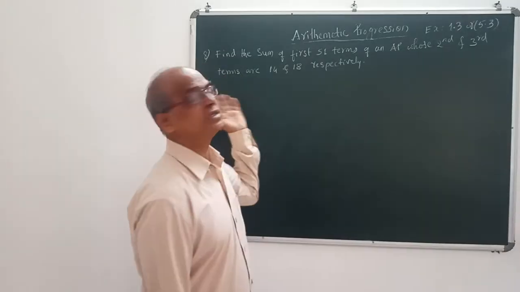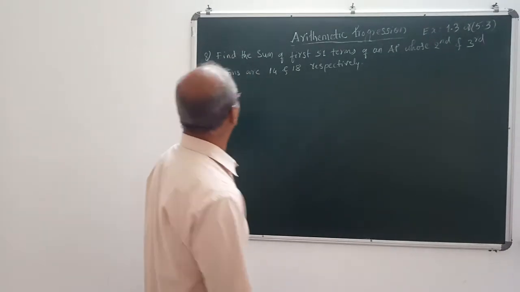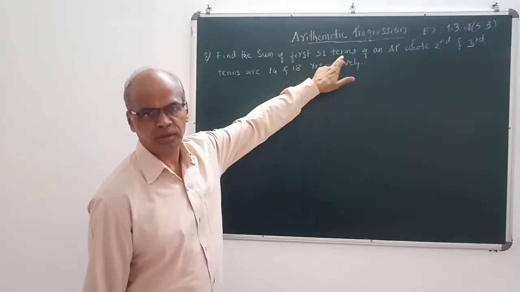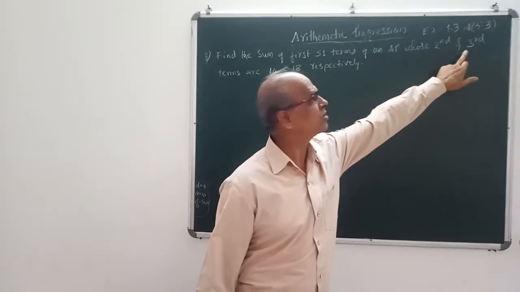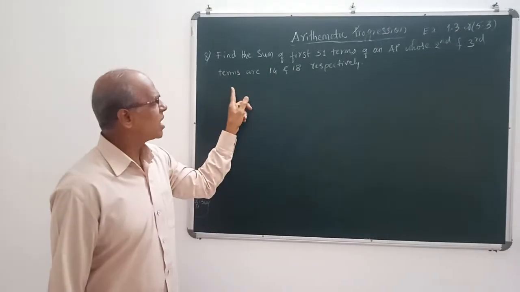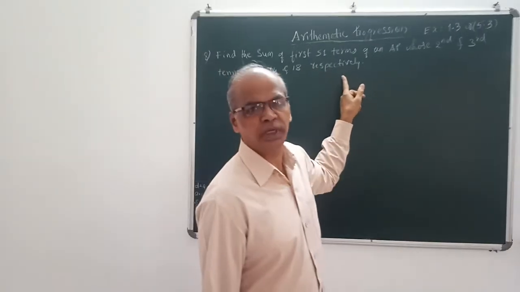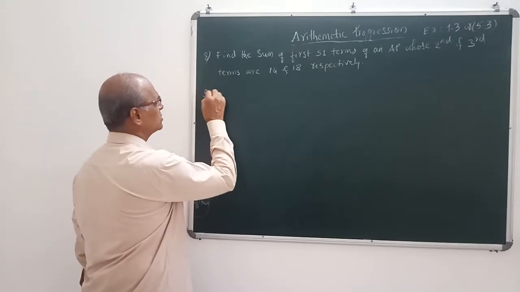Okay, see here. This is now 8th sum or 8th main. It's only one sum. Okay, what the question says here? Find the sum of first 51 terms of an AP whose second and third term are 14 and 18 respectively. Okay, see here what is given? Solution.